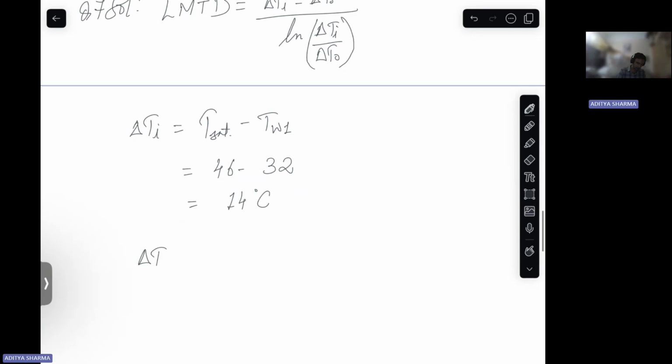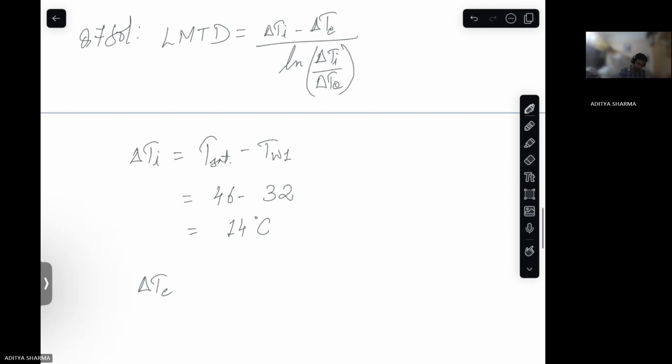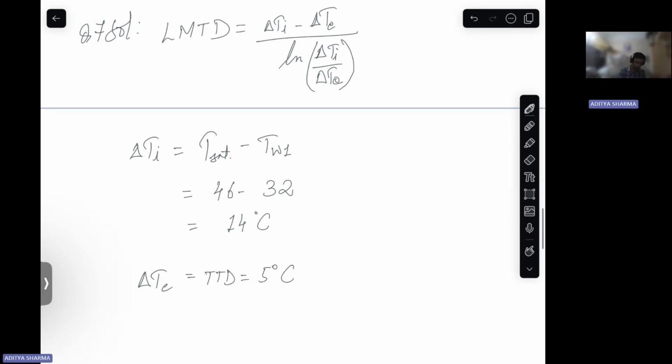Then delta T final, it's better to denote it by E, is 5 degrees Celsius.